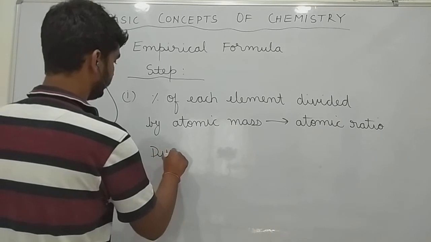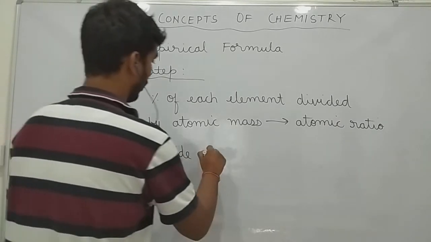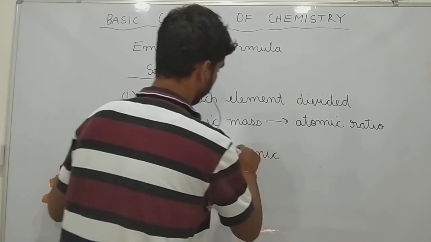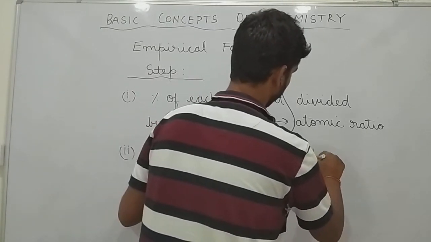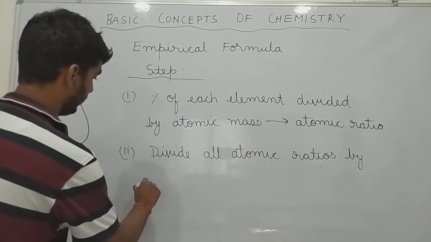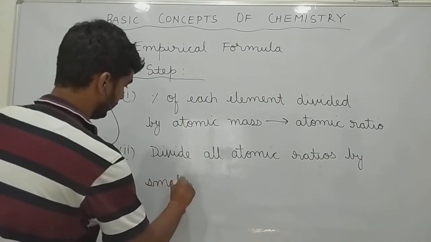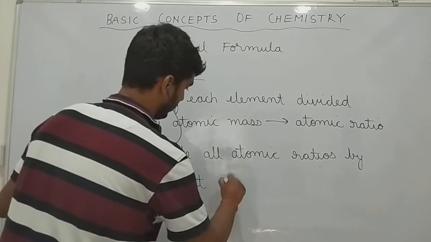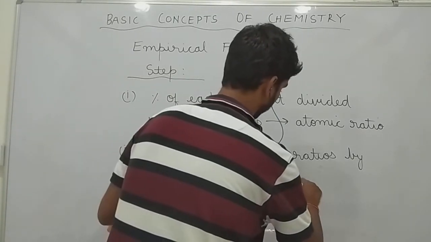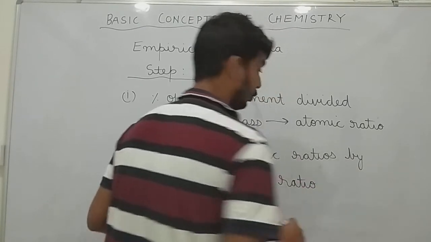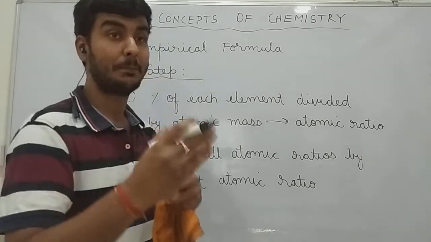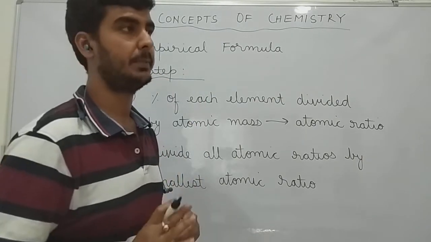Divide all atomic ratios by the smallest atomic ratio to obtain what? To get the simplest ratio between the elements.